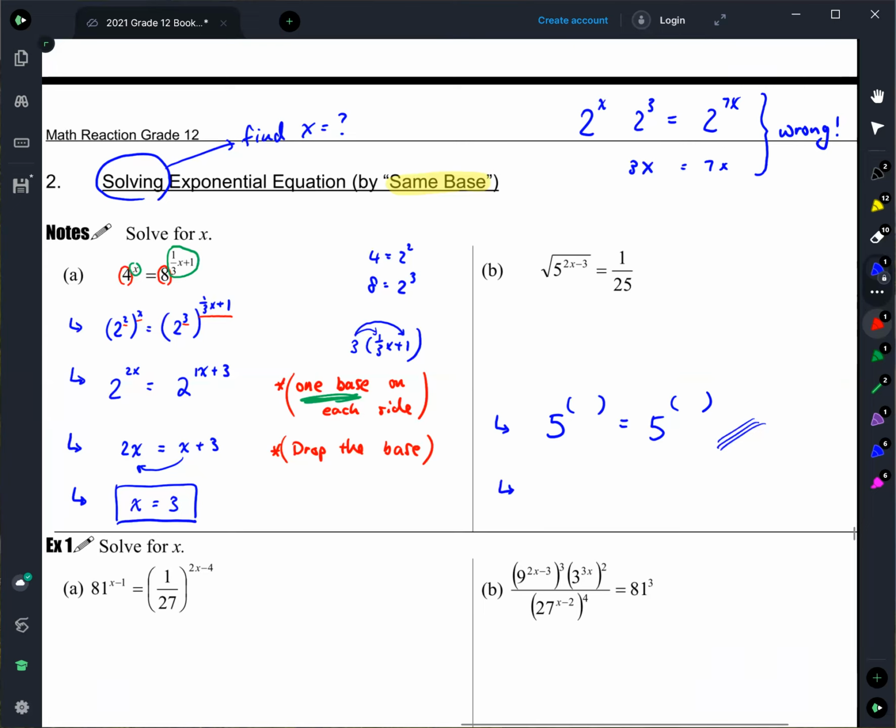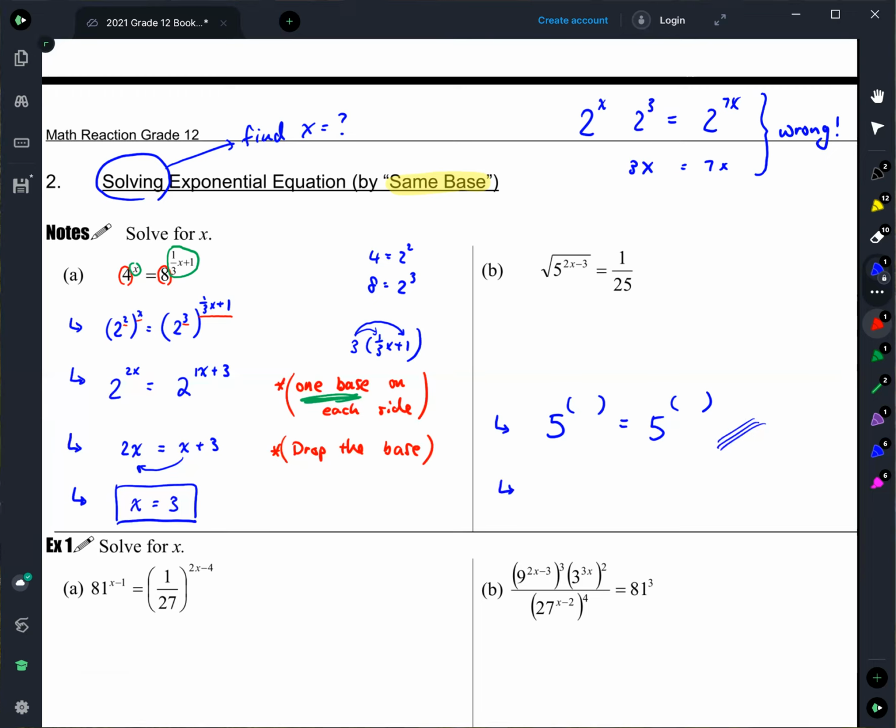Okay, let's check the left-hand side first. Caleb, do you have the left-hand side, the exponent for the left? No, I don't.